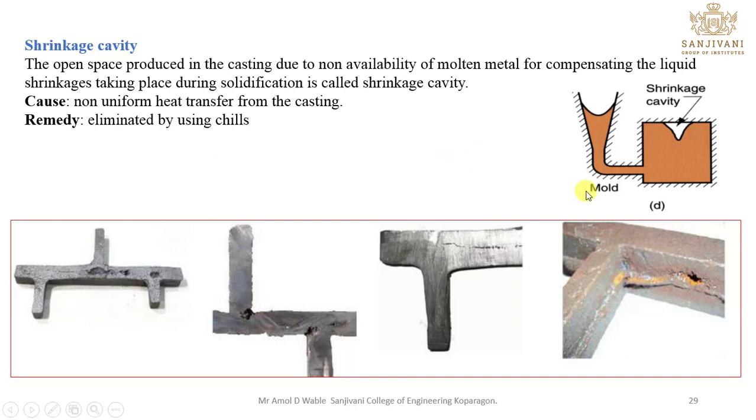You can use chills to get good directional solidification. Chills are metal parts. In this case, if I want to reduce the shrinkage defect, what I will do is place a metal part in the mold sand itself, right here.